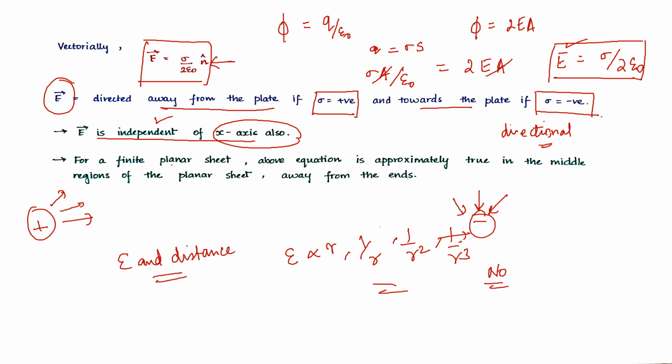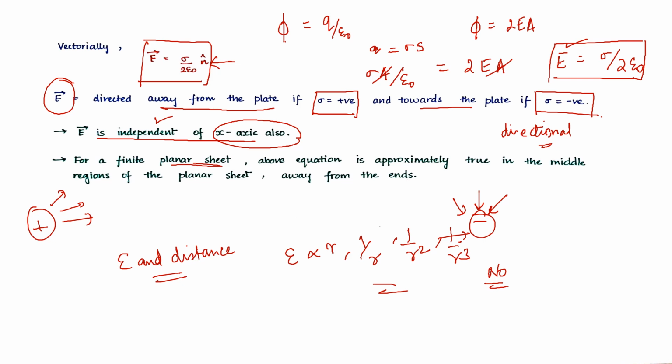For a finite planar sheet, the above equation is approximately true in the middle region of the planar sheet, away from the ends. As we have seen, in the middle it will give us the most perfect flux. The outer components which are at the ends will not be influencing here.